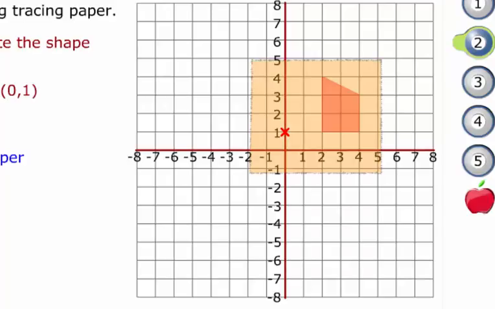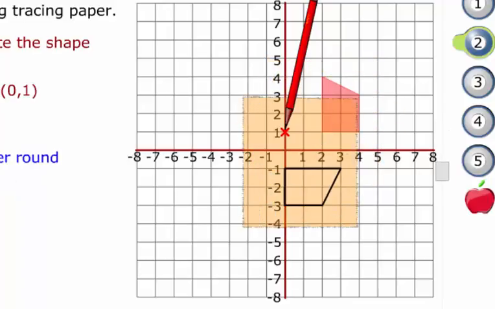First we're going to place our tracing paper over the area that includes the shape we want to rotate and the point of rotation. Secondly, we're going to trace the shape out on the tracing paper. Thirdly, we're going to put our pencil on the center point, the bit we're going to rotate around, 0, 1, and then we're going to rotate the tracing paper, in this case through a quarter of a turn, through 90 degrees.